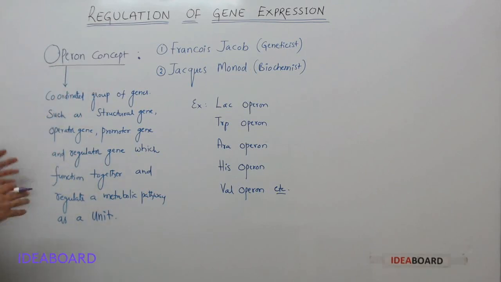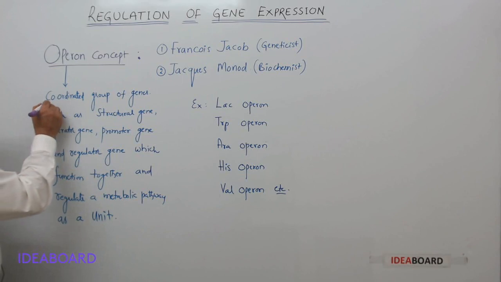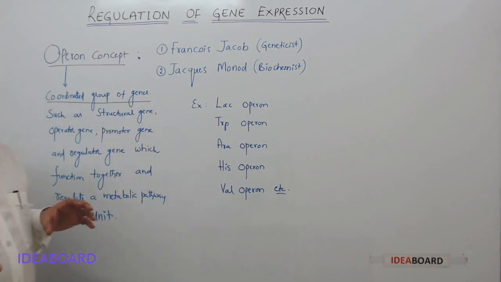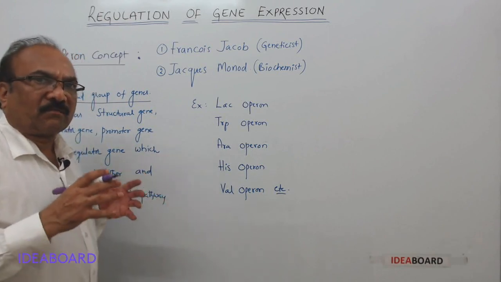Okay, let us try to understand this operon concept. And this operon concept is a coordinated group of genes. It is not one gene.